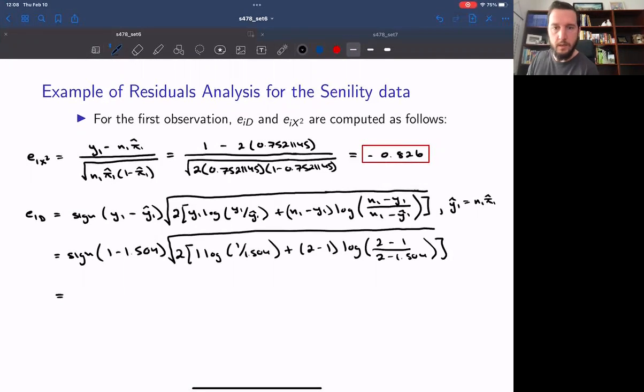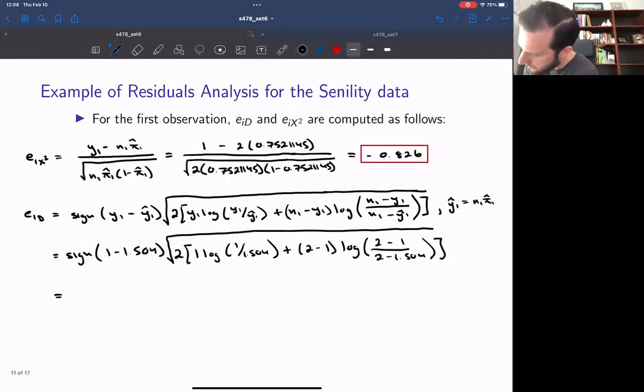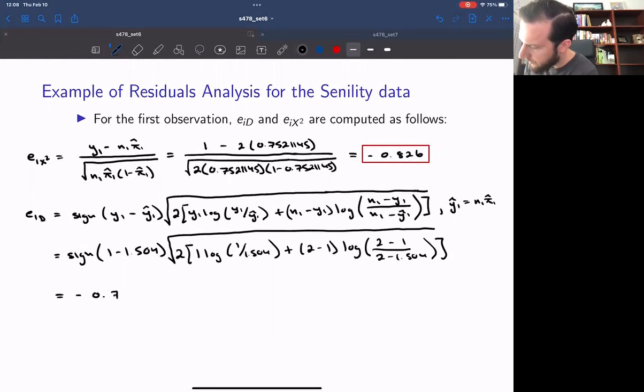Okay, and then that should be negative 0.766.